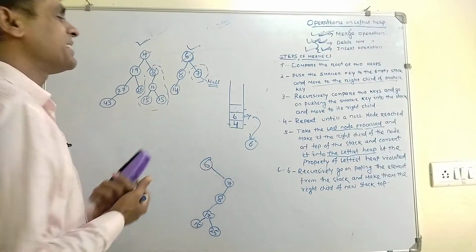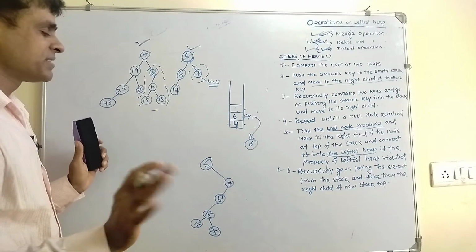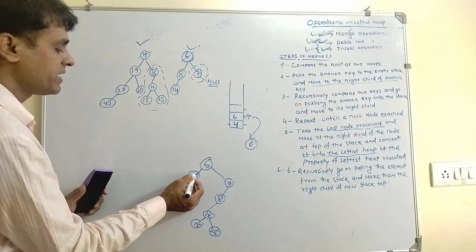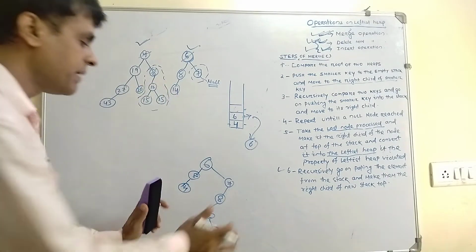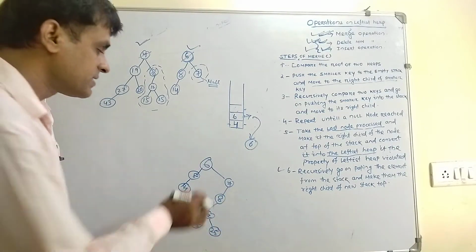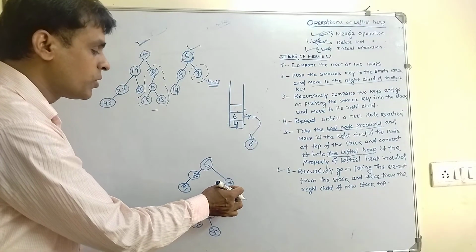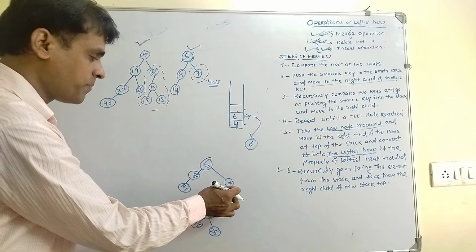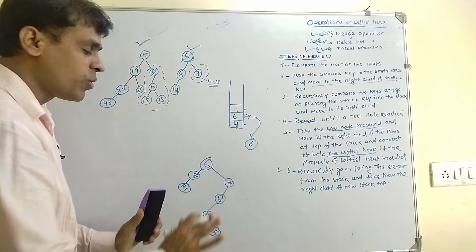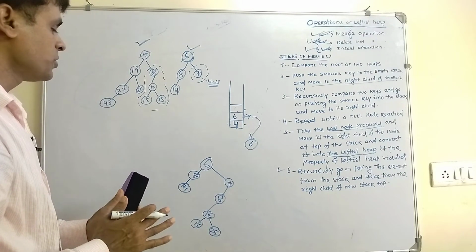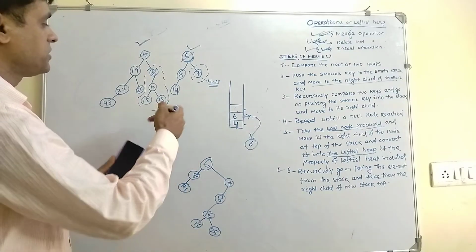And the left child of 6 is 8 and 14, which we didn't touch. So put 8 and 14 there. After that, check whether the leftist tree property is violated. The s value of both children is 1, so the left child's s value is greater than or equal to the right child's. No property is violated, so you should not worry about this. So 6 has 8 and 14, and all these are processed.